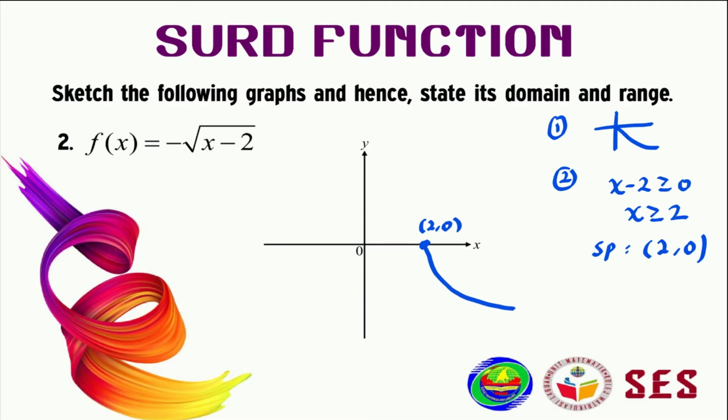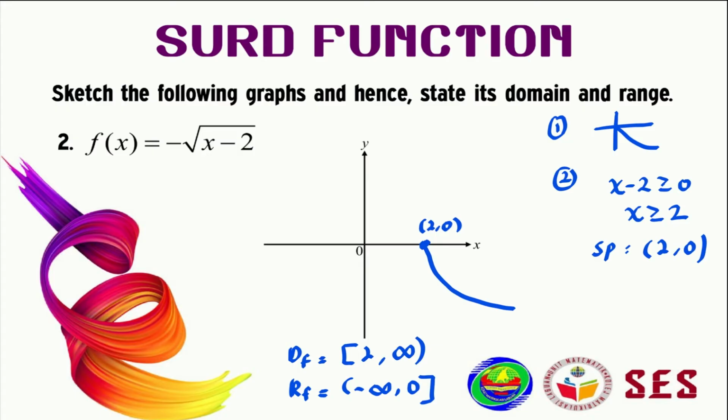And since the graph does not pass through the y-intercept, there is no need to get the y-intercept for this case. All right, so the domain of this function we've got already, which is 2 to positive infinity, and the range of this function is from negative infinity up to 0, closed bracket.